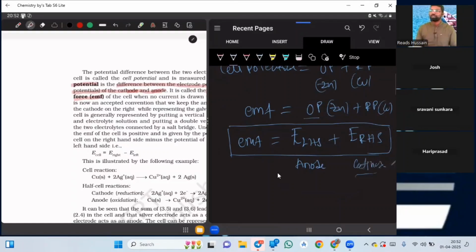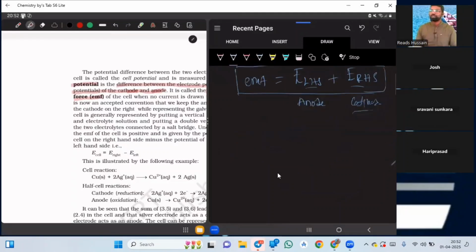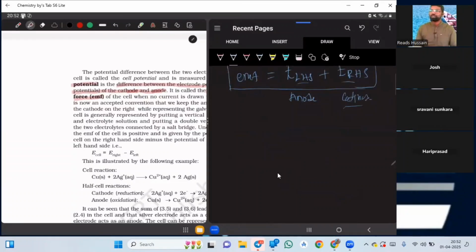This formula is very easy. Add oxidation potential plus reduction potential, you get total cell potential. Now come to the point. But scientists propose that you don't take oxidation potential of anode and reduction potential of cathode like that. You take reduction potential of both of them. Then the formula will be somewhat different.